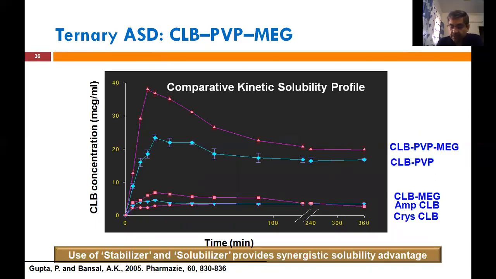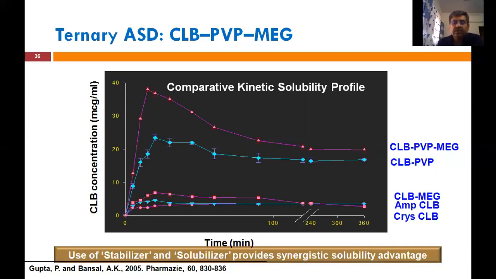Celecoxib has a pKa value of 11.1 and is a weakly acidic drug. By including an alkalinizer in the formulation, we were able to achieve the enhancement of the solubility by two mechanisms. One was based on the alkalinization of the microenvironment that led to the increase in the solubility of celecoxib.